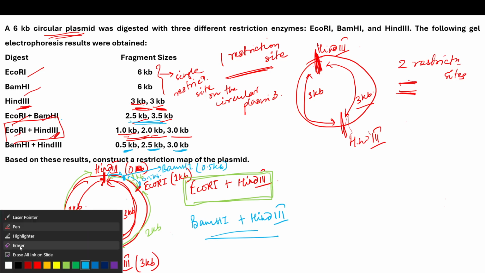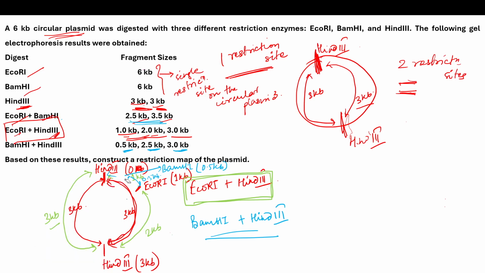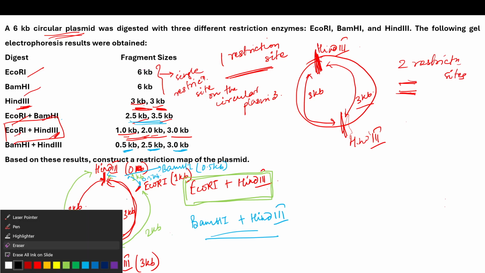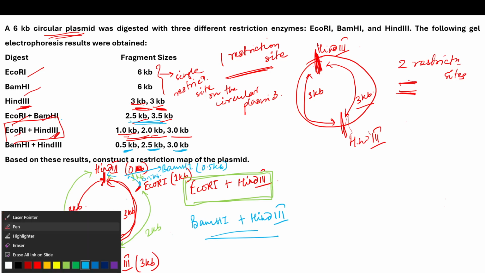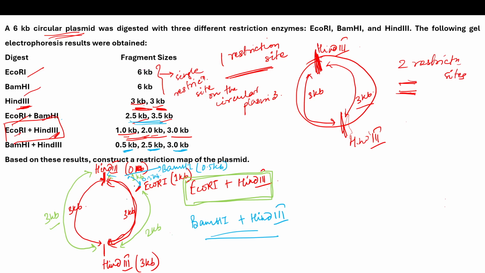Okay, for BamH1, this is not really the area. So maybe we should try out with this, because it's a 2.5 kb fragment with BamH1 and a 3.5 kb fragment.